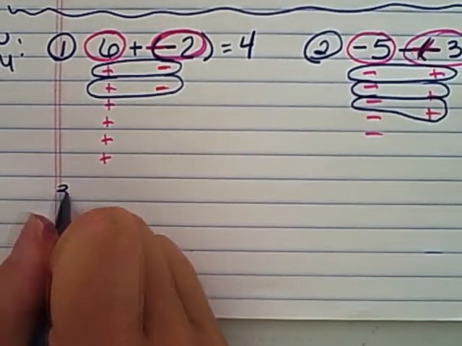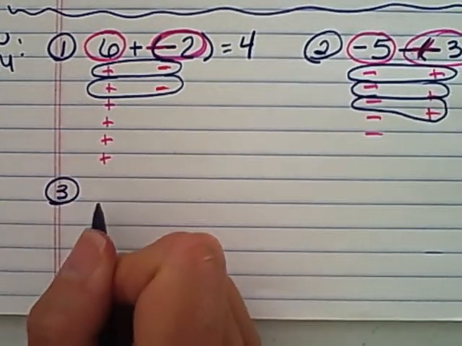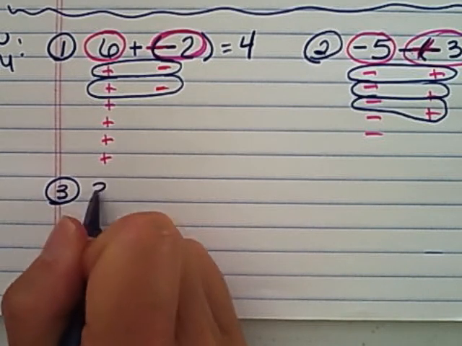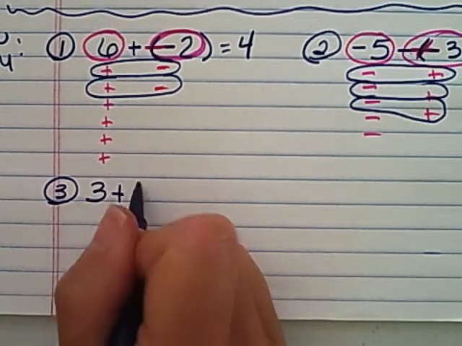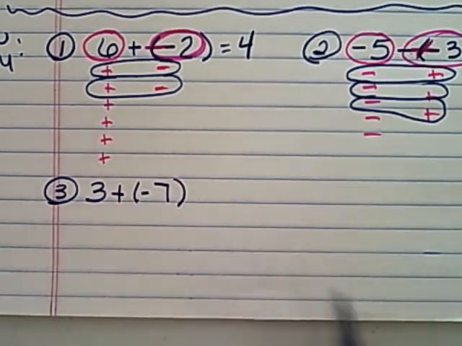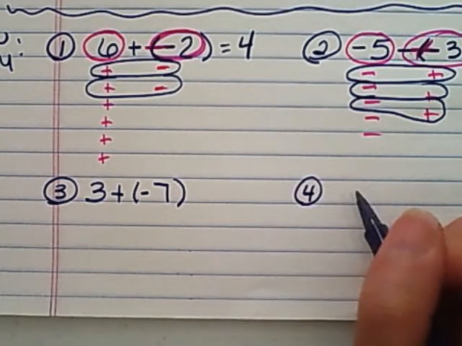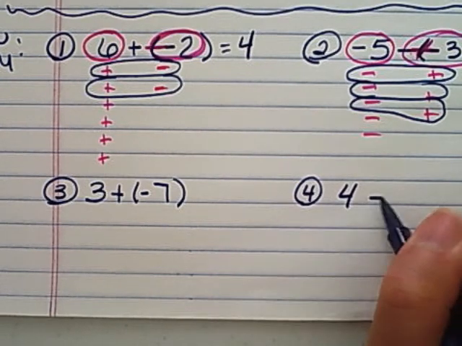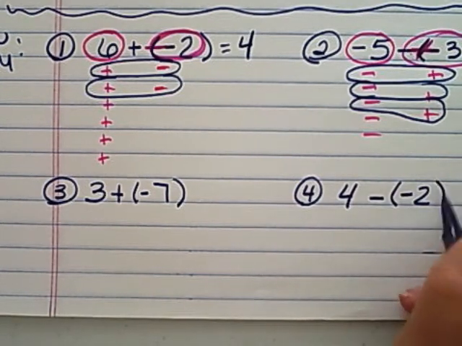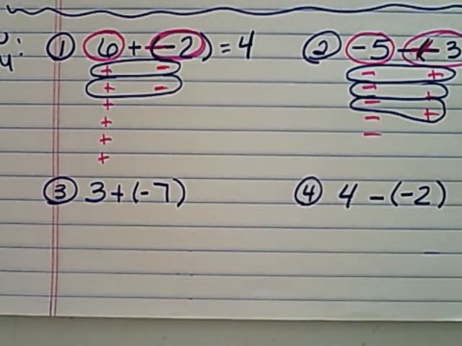These I'm not going to talk you through. I'm just going to give you plenty of time to do them. So you have 3 plus negative 7. And then on problem number 4, I want you to do 4 minus negative 2. So I will give you a minute to finish both of these. Be sure to circle your integers.